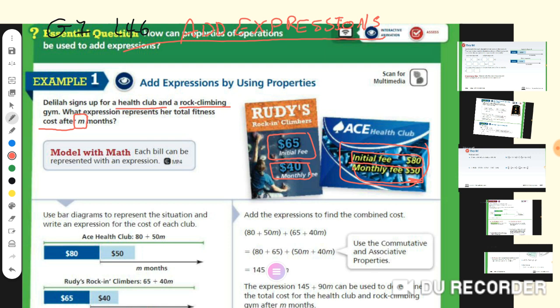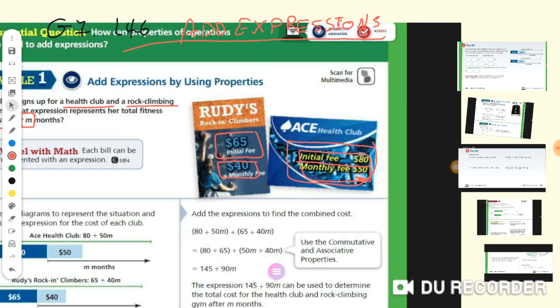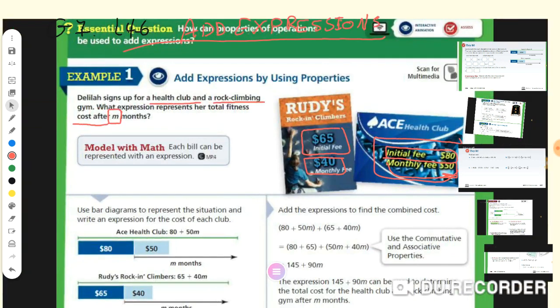Okay, so how to write it? I can write the initial fees of the health club first, which is 80, and then 50 per month, so it's 50m. So I can write the expression as 80 plus 50m. This is the cost of the gym.